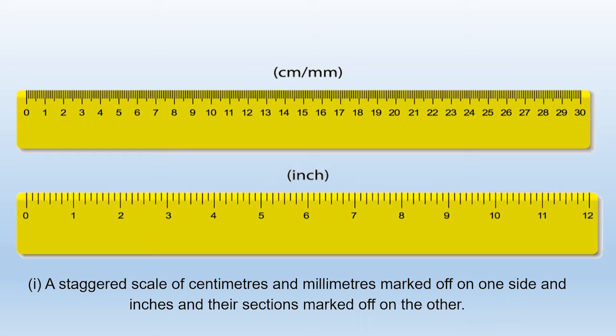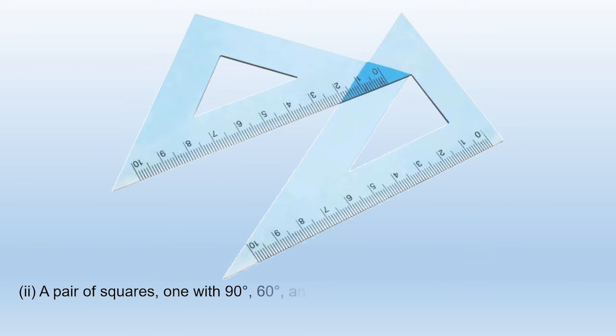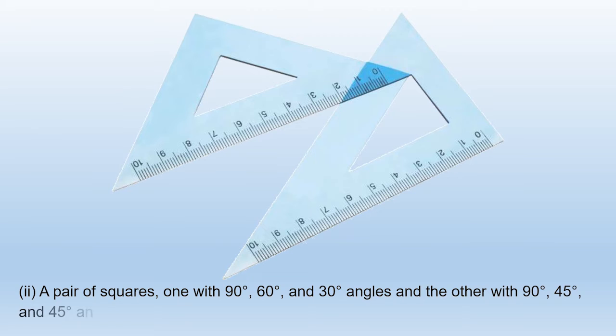You must have a geometry box with the following items. Number 1. A scale with centimeters and millimeters marked off on one side and inches and their sections marked off on the other. Number 2. A pair of set squares, one with 90-degree, 60-degree and 30-degree angles and the other with 90-degree, 45-degree and 45-degree angles.